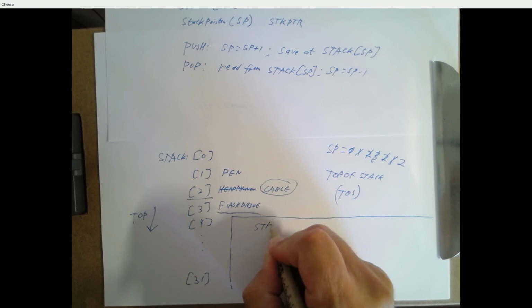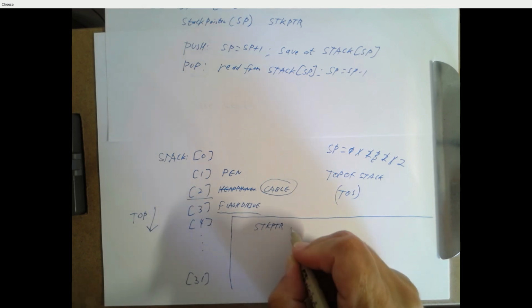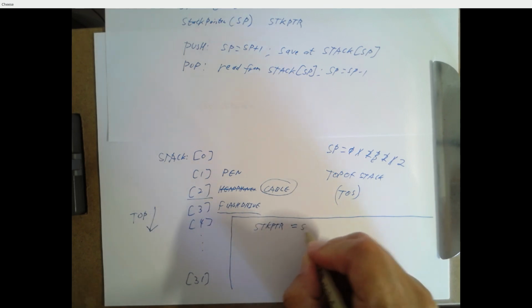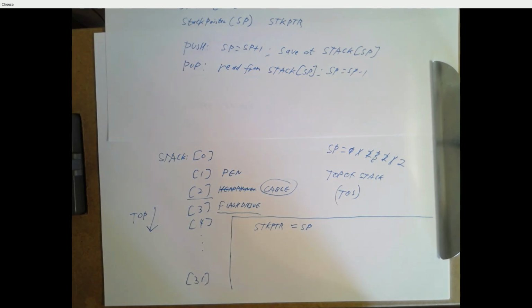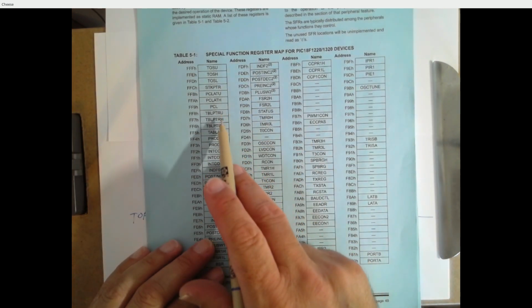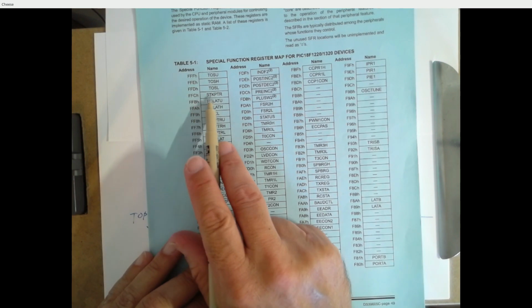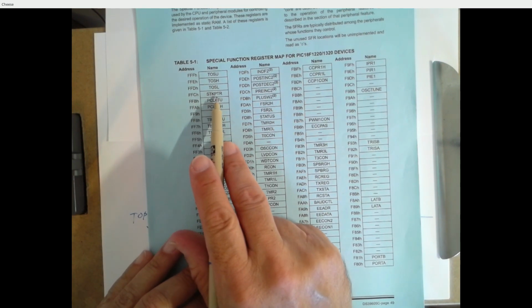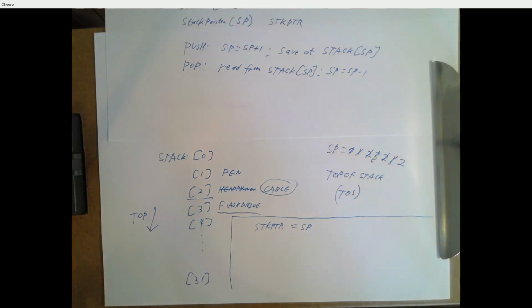So stack pointer is what we're calling the stack pointer, which is STKPTR. And STKPTR is a special function register, and it's located somewhere in here, so location FFC, that's stack pointer. So you can read that, it's initialized to 0, and when something gets pushed on the stack, it's incremented, when read from the stack, it's decremented.